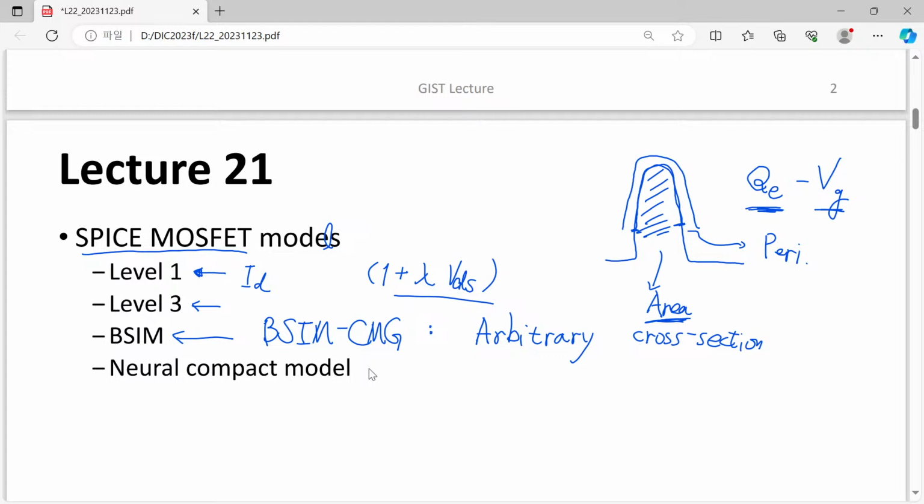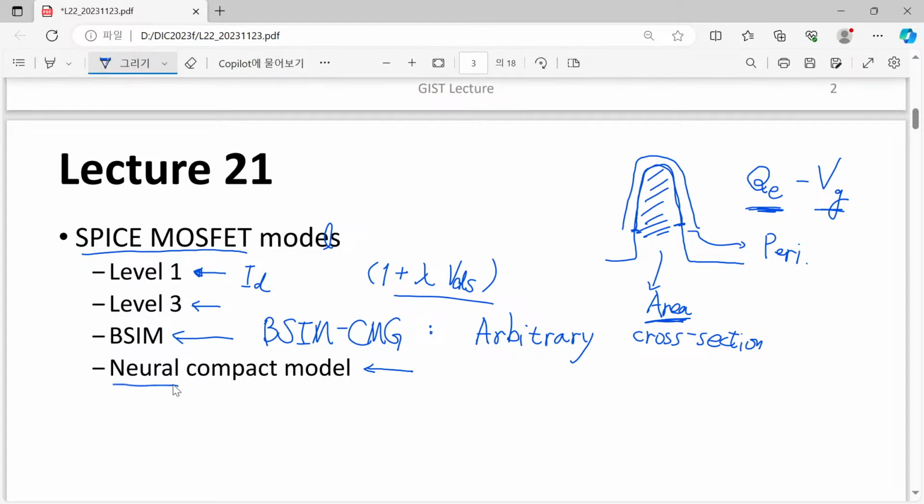And at the end of our previous lecture, I introduced a future direction of compact modeling development. So that is neural compact modeling. So inside this BSIM CMG, we have almost 1500 parameters. So with these parameters, actually you can match almost everything.